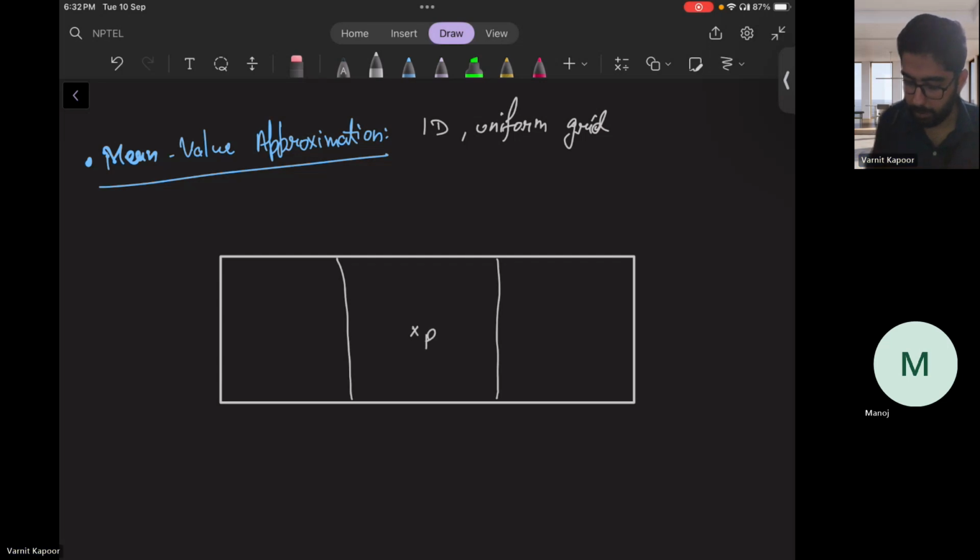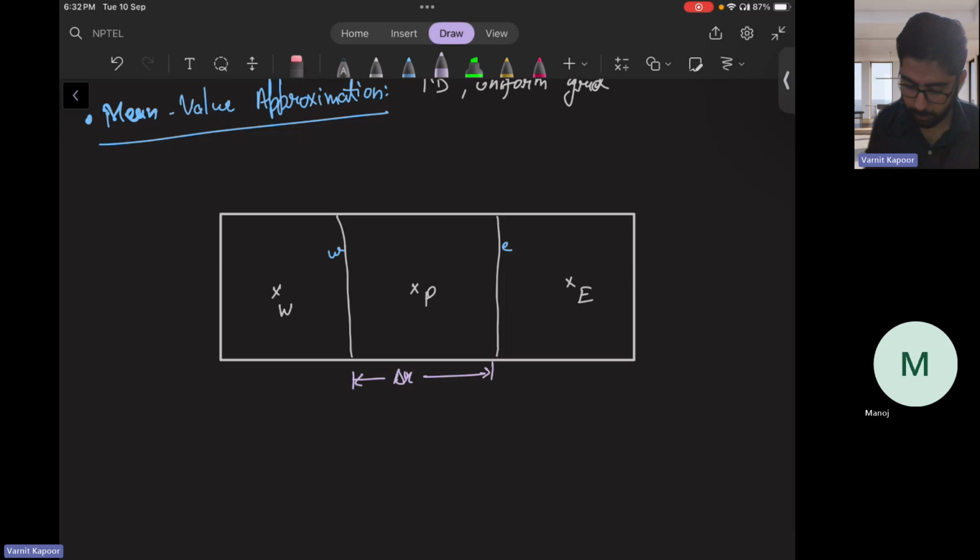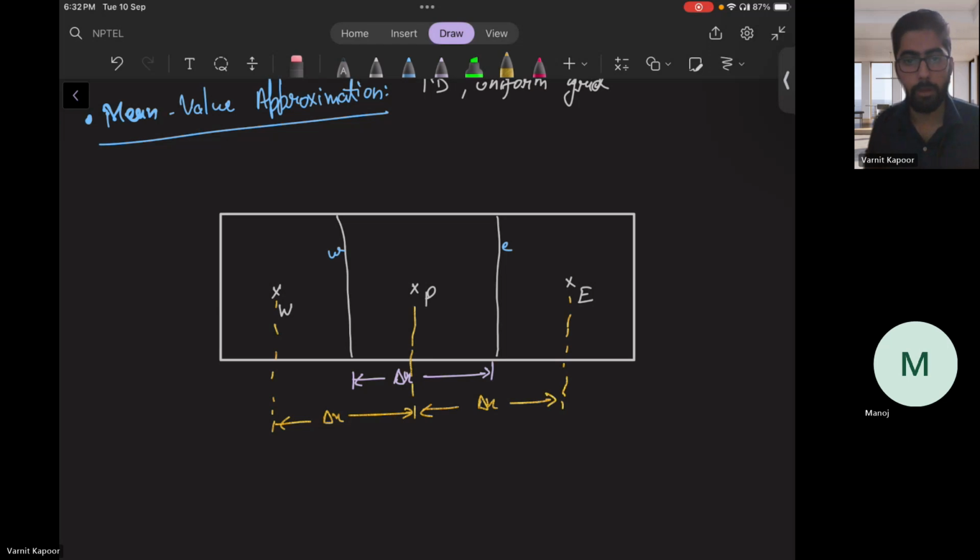This is your point P. This is your node W and E. This is your west face. This is your east face. This is delta x. This is also delta x. So this is your x direction.